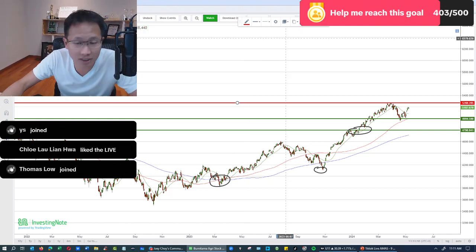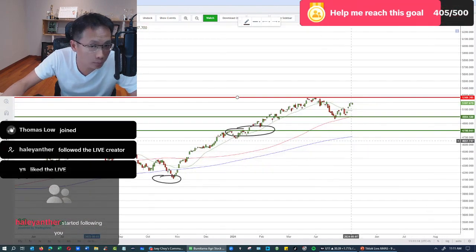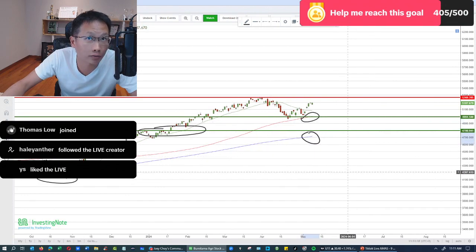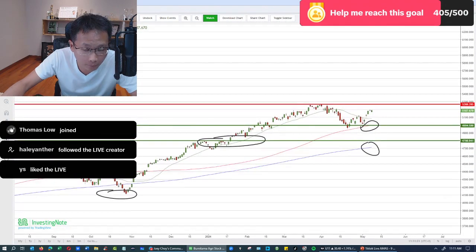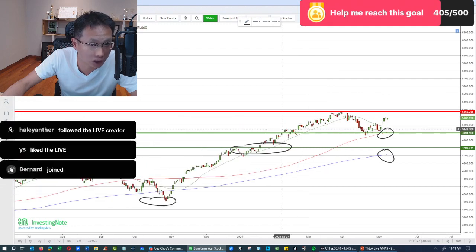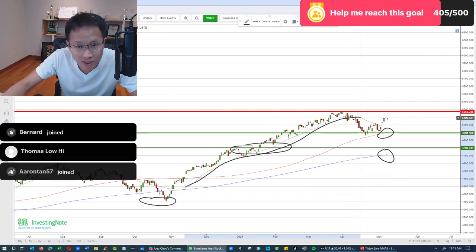Okay, very good. So this is the S&P 500 index, guys. As I mentioned, the longer term trend is still intact as per the moving average. You can see that the 100 days moving average and the 200 days moving average are still pointing up very firmly. Short term wise, we saw the 20 days moving average, which kind of represents the short term trend, pointing up all the way until somewhere in early April, when we started to point down.